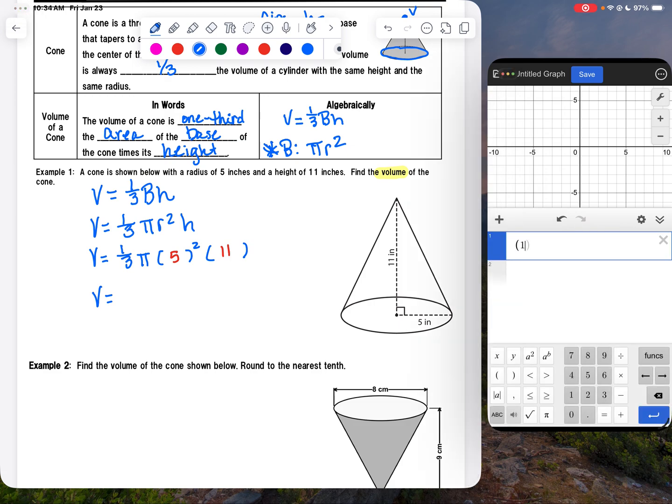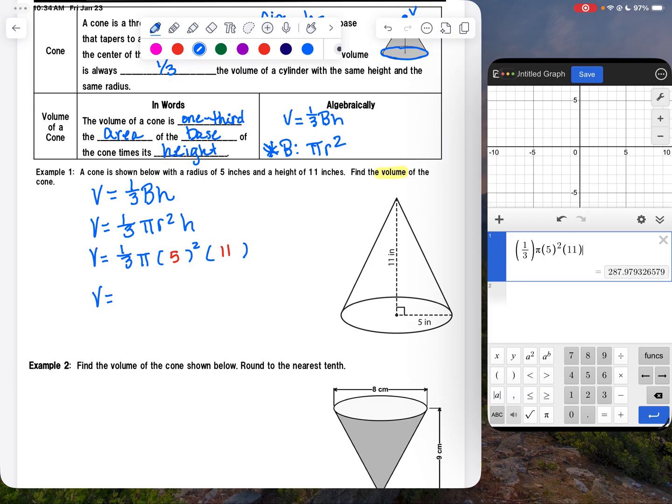So 1/3 pi, parenthesis 5, parenthesis squared, parenthesis 11.